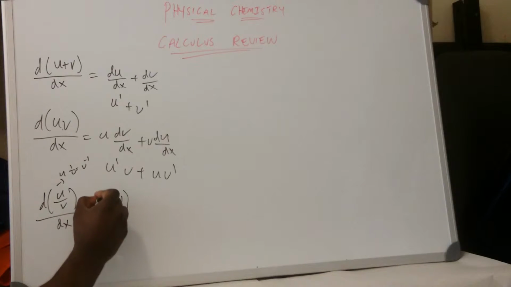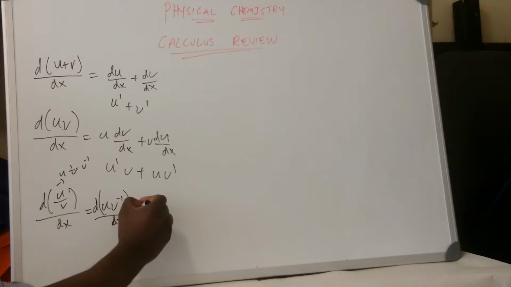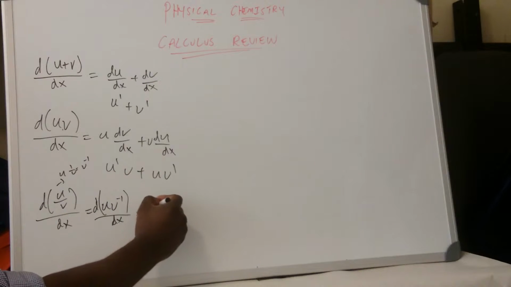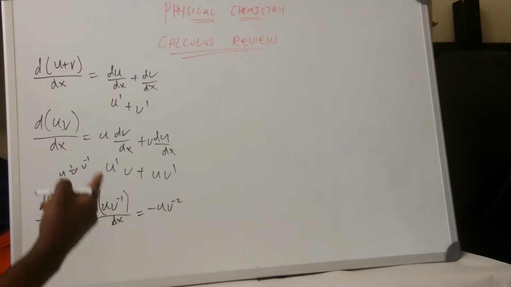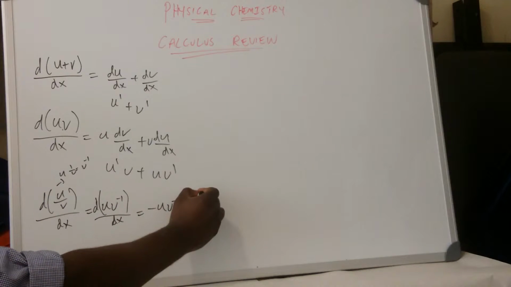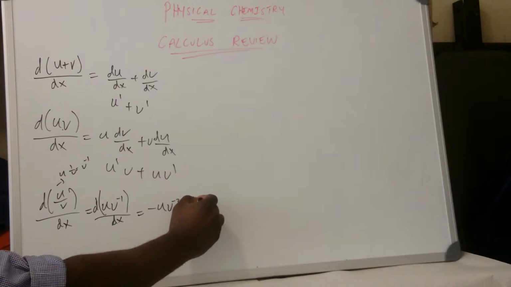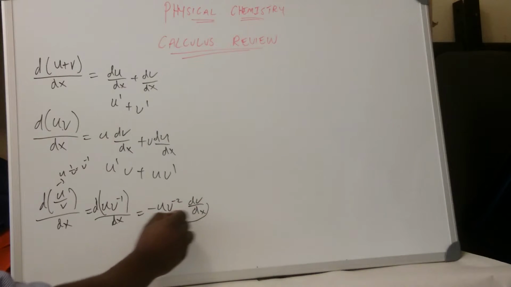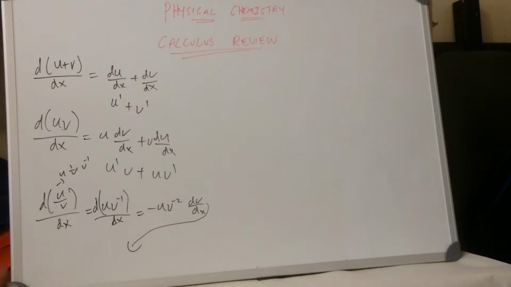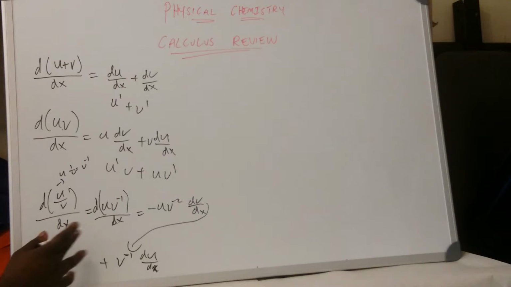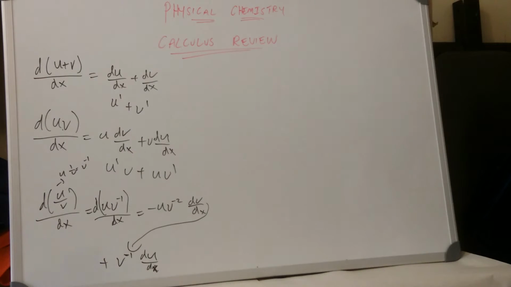So d/dx is equal to negative u v to the negative 2 dv/dx plus v to the negative 1 du/dx. It's a little bit complicated, but like I said, with repetition, any problem can be solved.